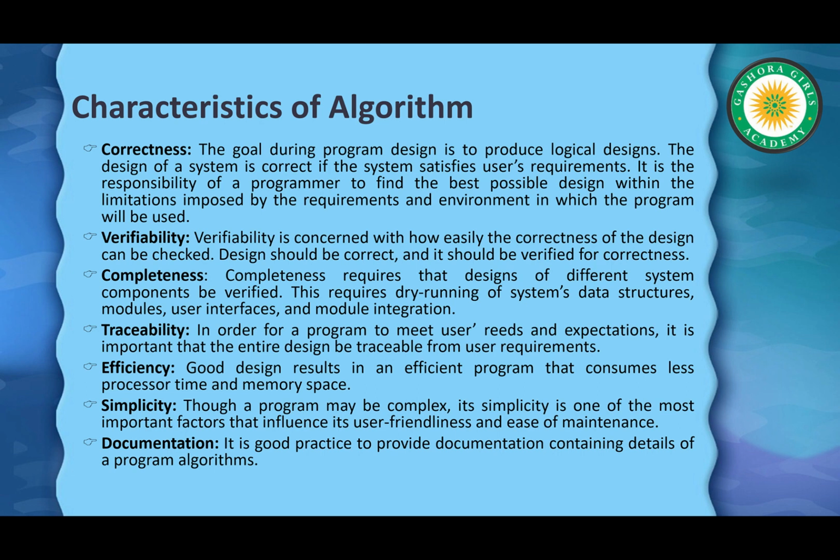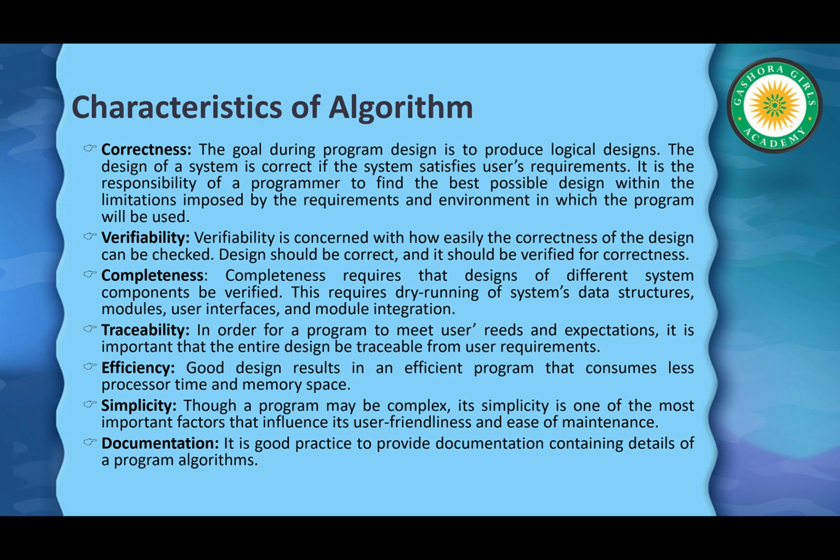Simplicity: though a program may be complex, its simplicity is one of the most important factors that influence its user-friendliness and ease of maintenance. Even if writing a long program may be complex, you have to make it simple so that it can be used in a friendly way.